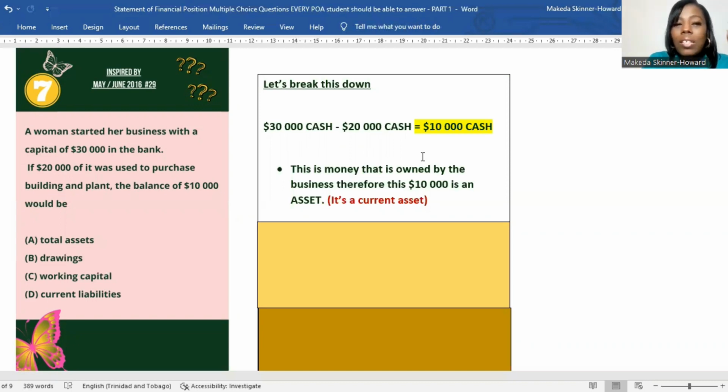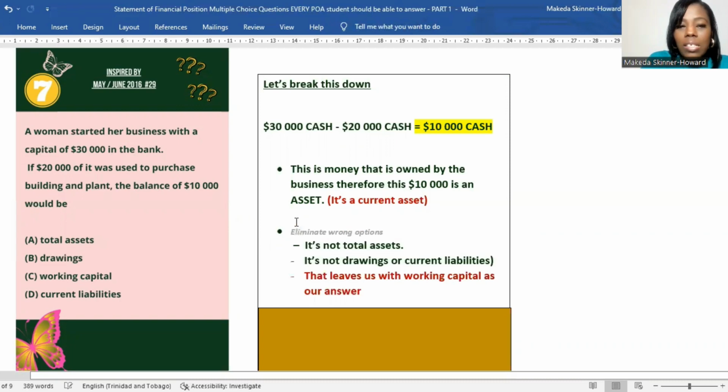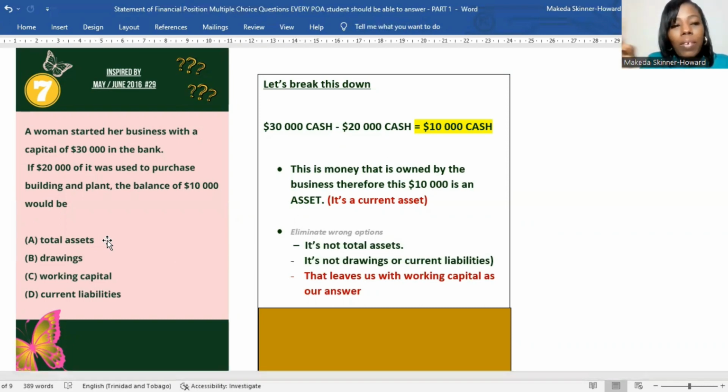All right. So this knowledge is going to help you eliminate some of the options and make it easier for you to select the correct option. So it's a current asset. Therefore, it's definitely not your total assets, right? Your total assets is going to be the plant and building that they purchased plus whatever cash remains. That is your total assets.